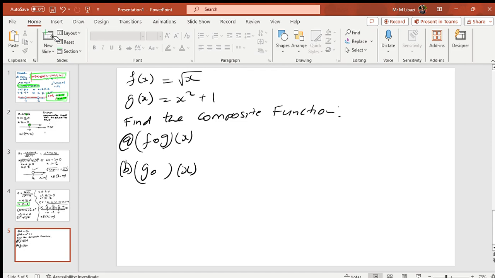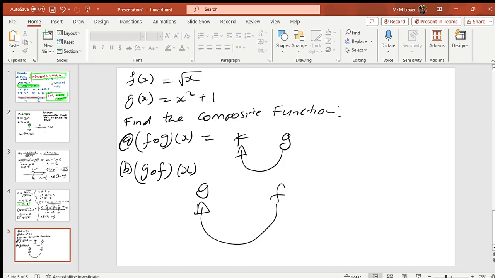Some people do not know how to separate a multiplication from a composite function. Guys, this thing means that we're taking g and substituting this g inside f. And this one means that we take f and substitute the f inside g. That's what it means.